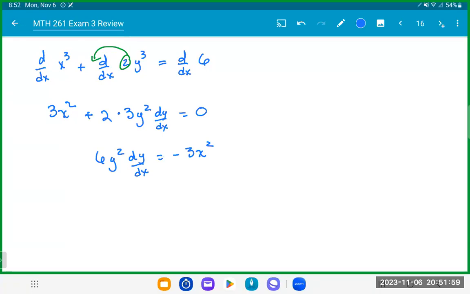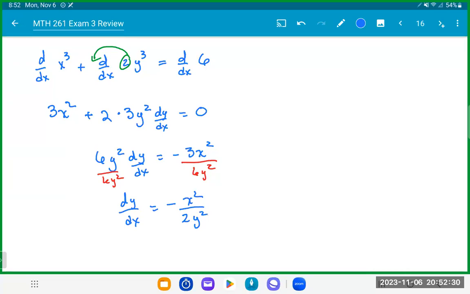And lastly, let's divide both sides by the 6y squared. So we end up with dy/dx is equal to negative 3x squared over 6y squared. We can simplify that: negative x squared over 2y squared.